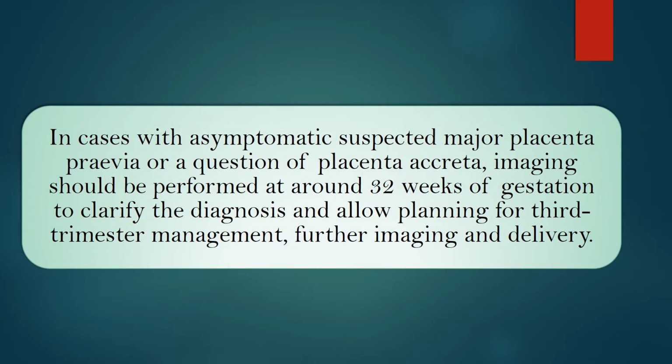In cases with asymptomatic suspected major placenta previa or a question of placenta accreta, imaging should be performed at around 32 weeks of gestation to clarify the diagnosis and allow planning for third trimester management, further imaging, and delivery.